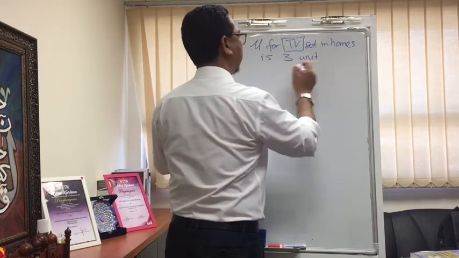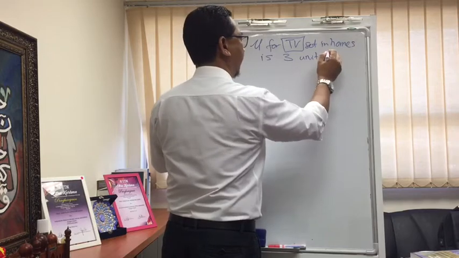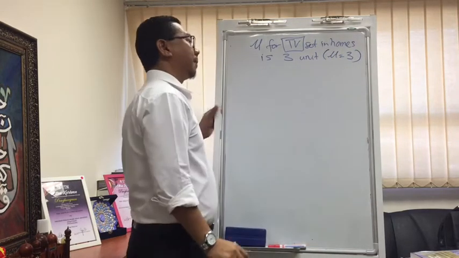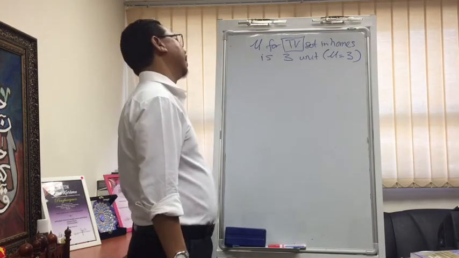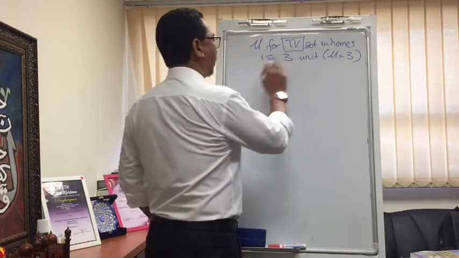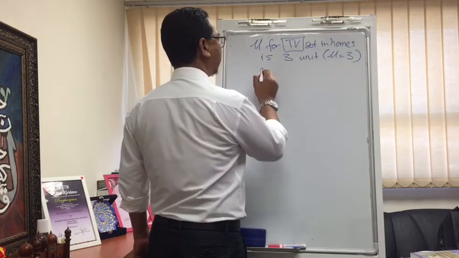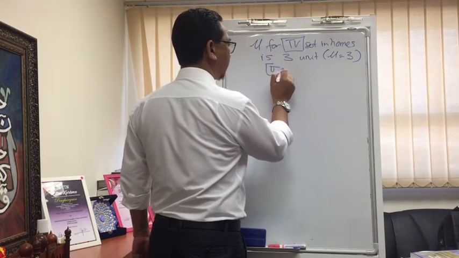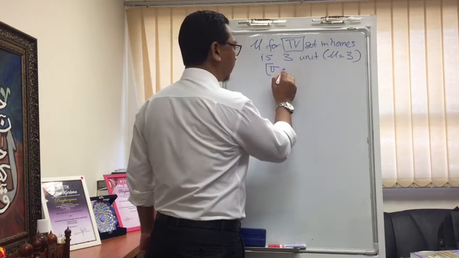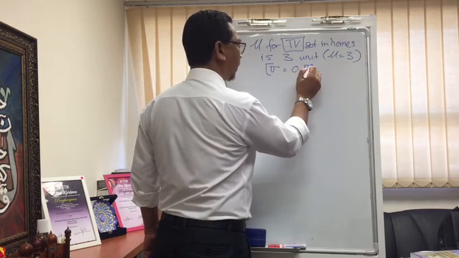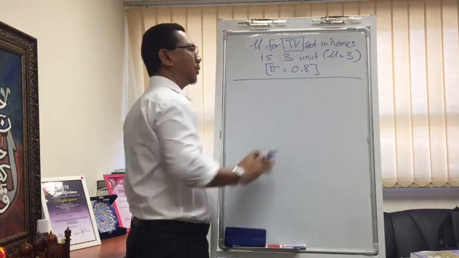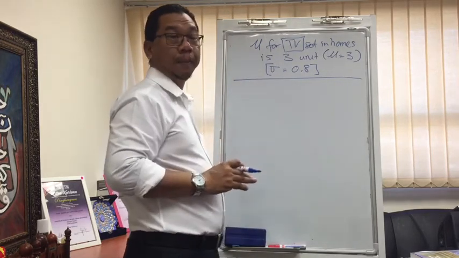This means that basically the mean is equal to 3. Here we have another piece of information, the standard deviation of the population, for example 0.8. This is the additional information. So first we have to know the situation.